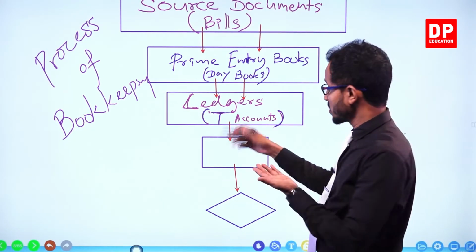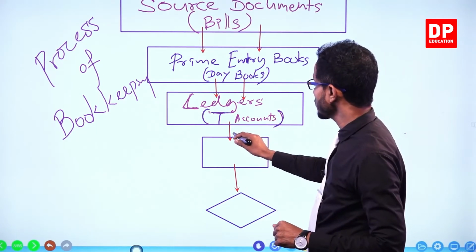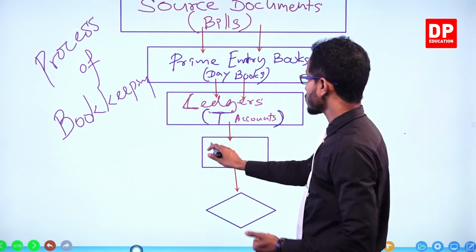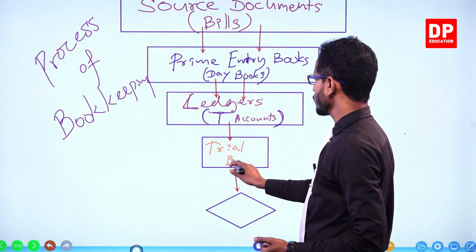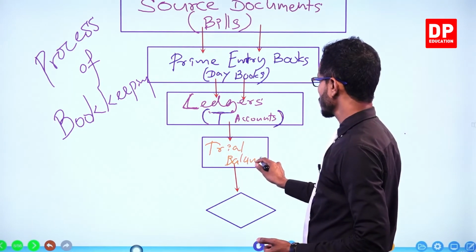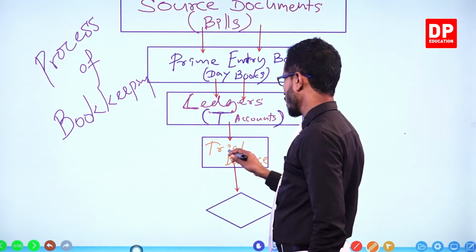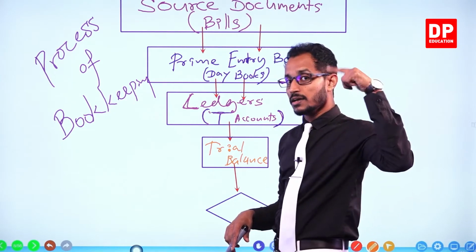Okay, when the T accounts, ledger accounts are balanced, the balance brought forward, the BBF. Can you remember the BBF? The balances are taken to the trial balance. This is the fourth step, trial balance. And we discussed how to prepare the trial balance in the previous video.